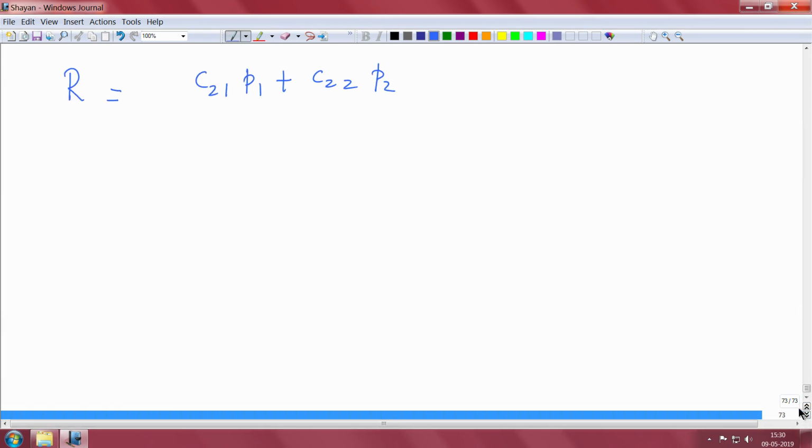So, what we have to do is subtract that quantity. You have to remove this quantity, which is minus integral P1 C21, the density of x given C1, dx.